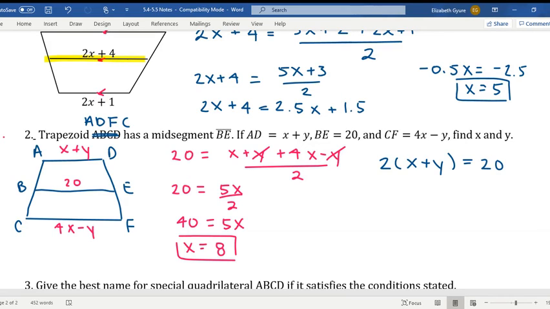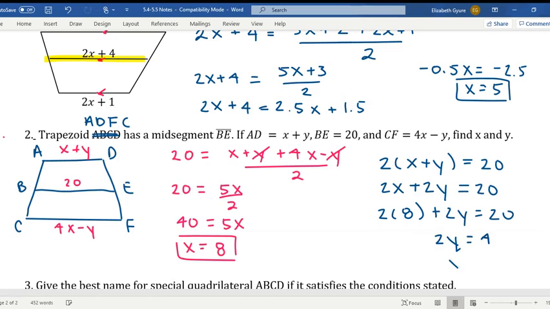And part of that is my fault on this one. It was a picture that had a little bit more going on to it that I didn't think to put in the directions. So that would be 2x plus 2y equals 20. And then you would have 2 times 8 plus 2y equals 20. So 2y equals 4 and y equals 2.